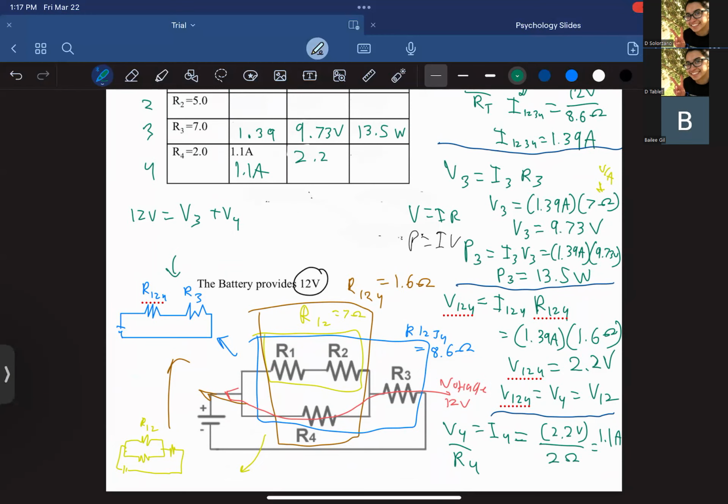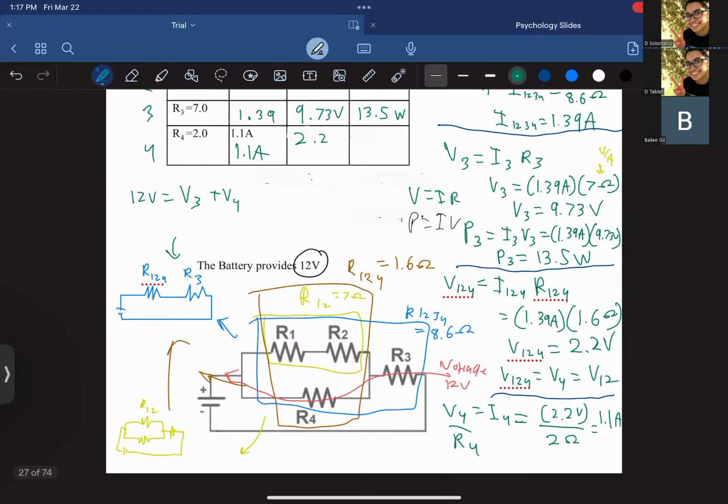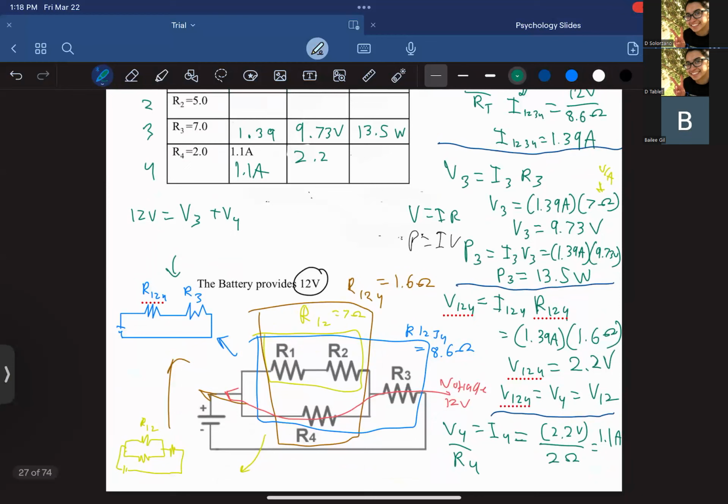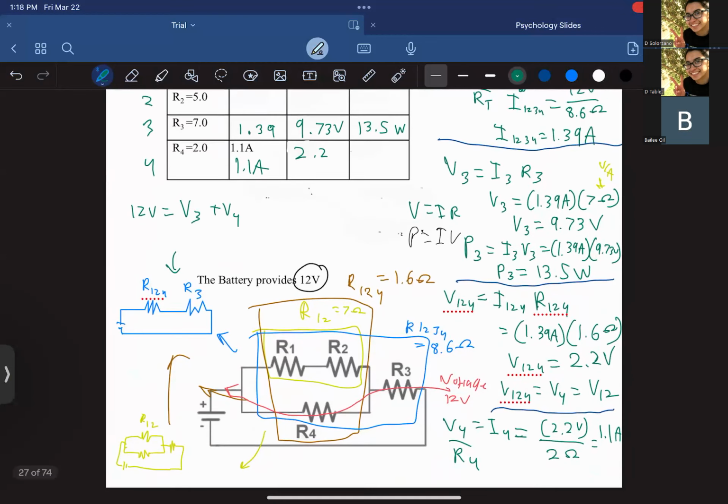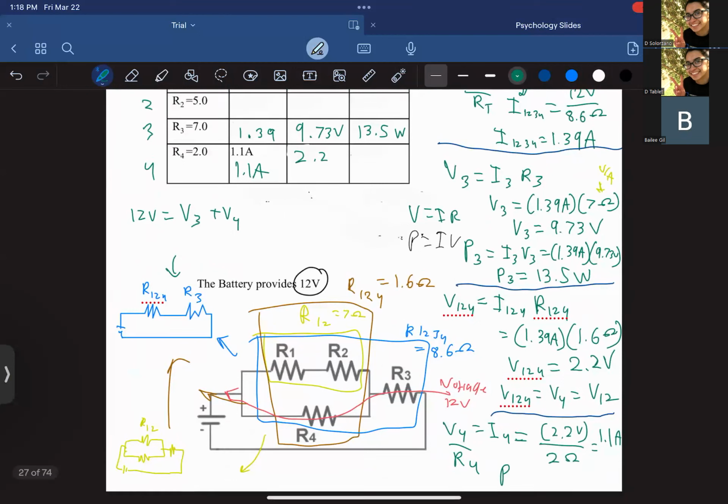And then we can solve for power there. So if I have room, our P of 4 is going to equal our I4 times V4, which we have both of those up there.